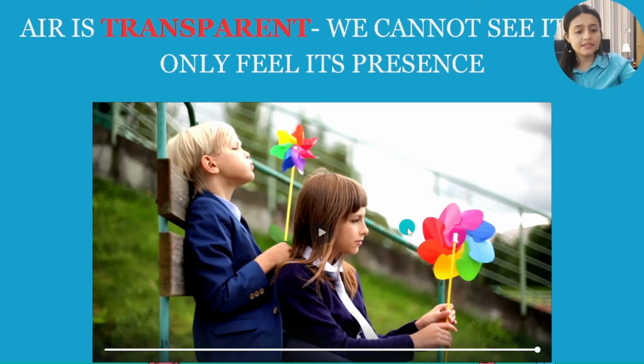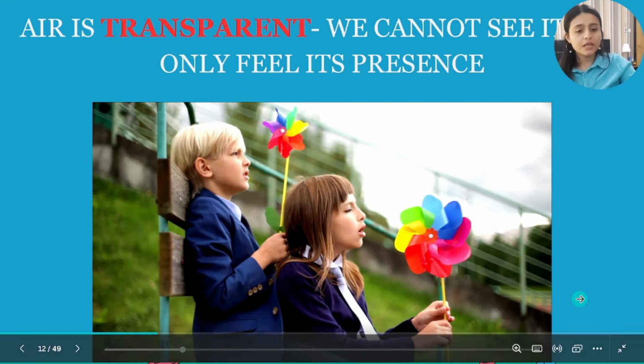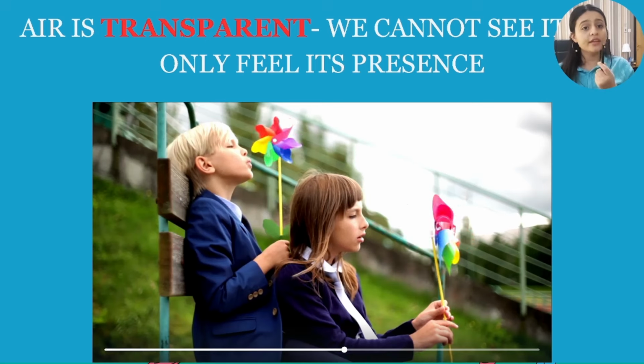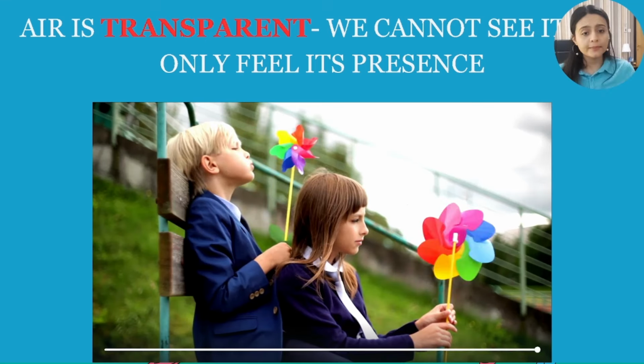You can see this firki is moving because it gets air from the mouth. This is how we know that air is transparent. We are not able to see it but only feel it.